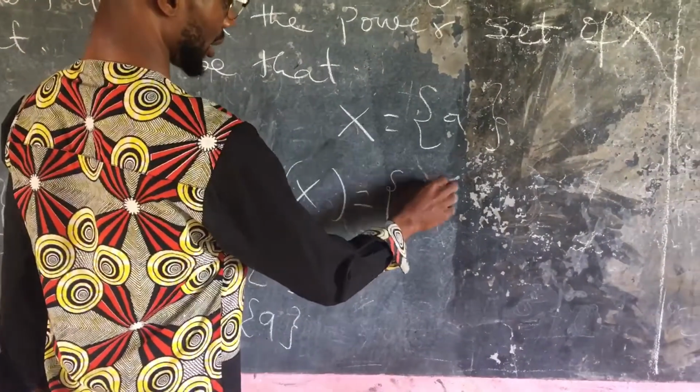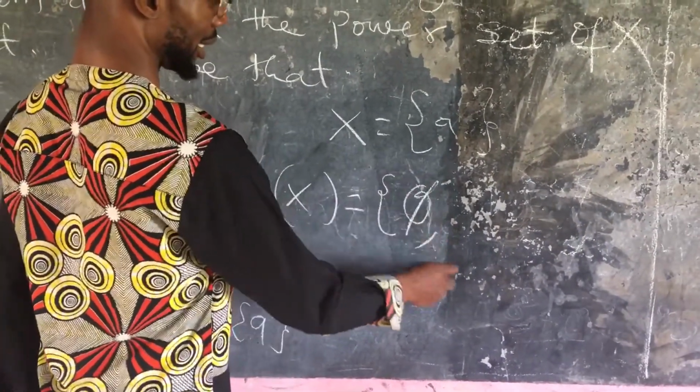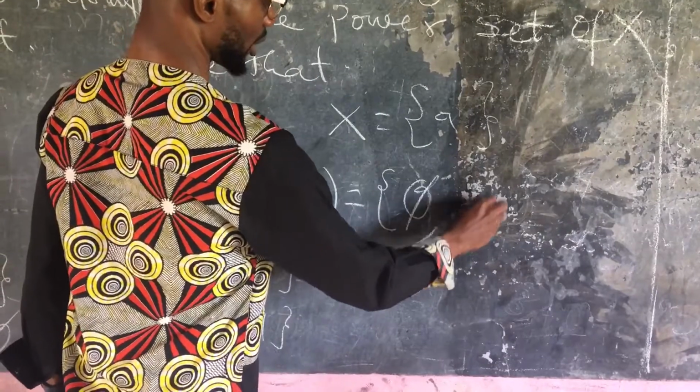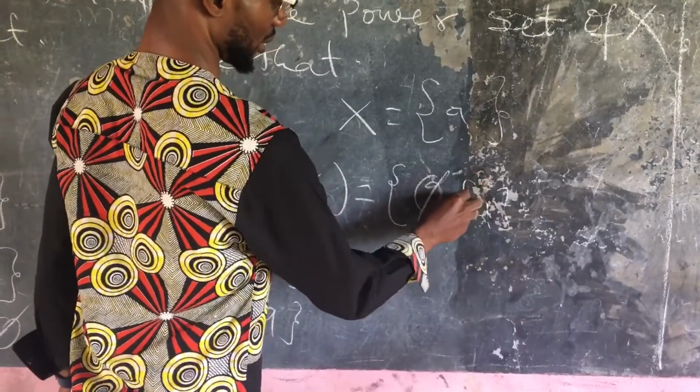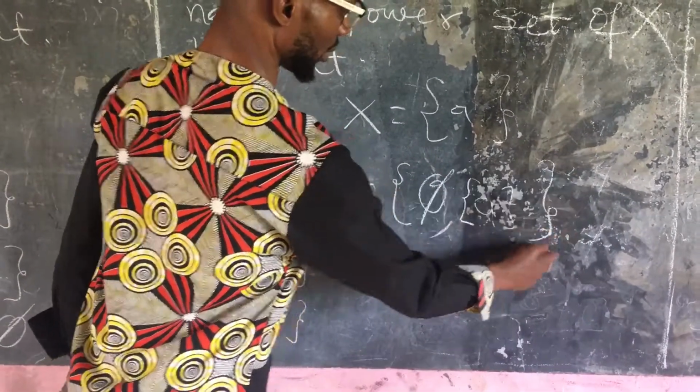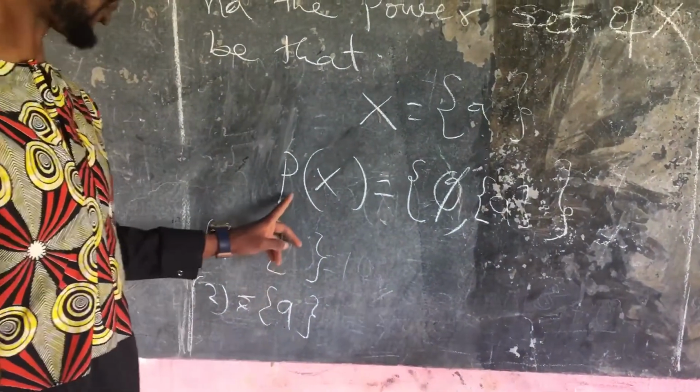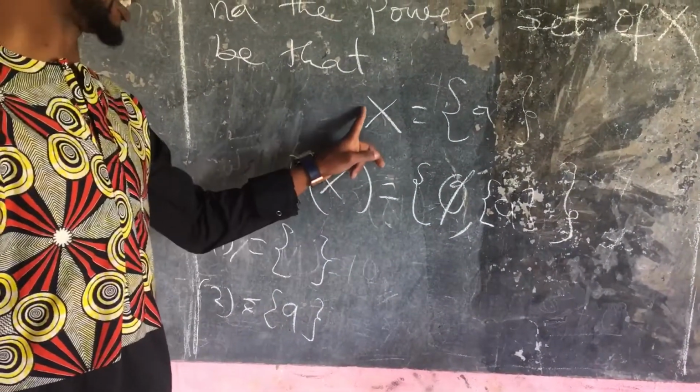So I'll get the empty set and then set A like this.